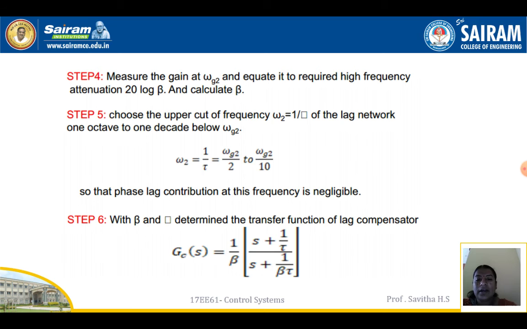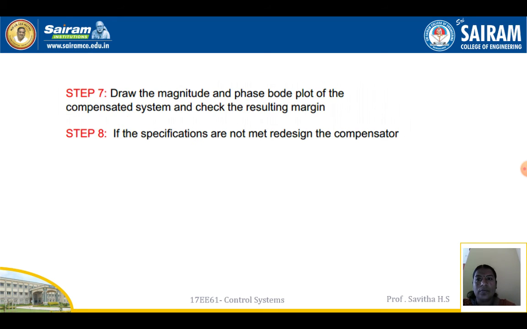With beta and tau, determine the transfer function of the lag compensator. Gc of s is equal to 1 by beta into (s plus 1 by tau) divided by (s plus 1 by beta tau). Draw the magnitude and phase Bode plot of the compensated system and check the resulting margin.